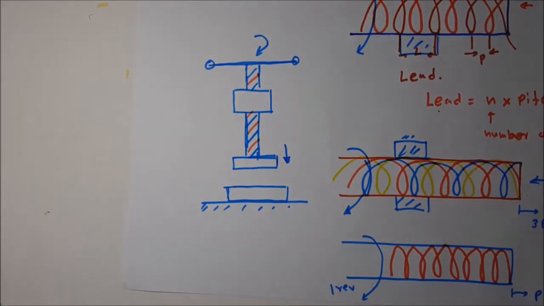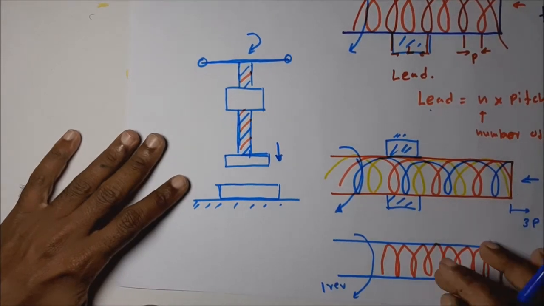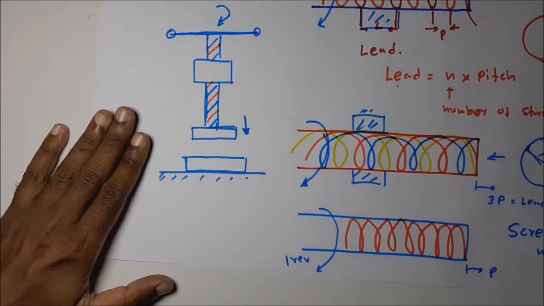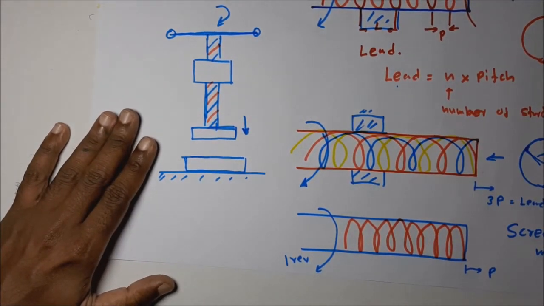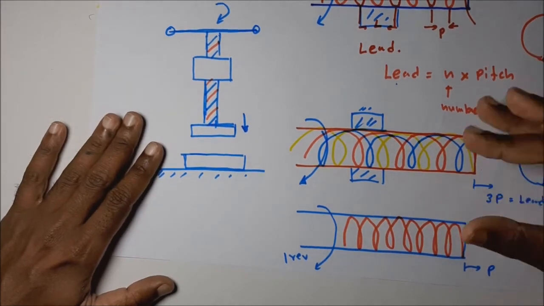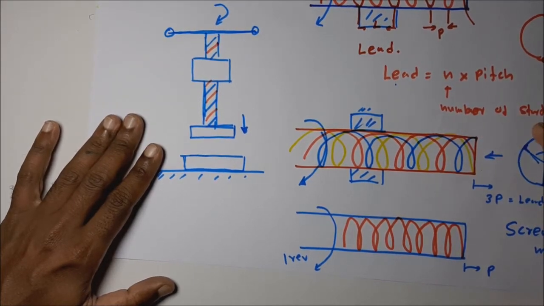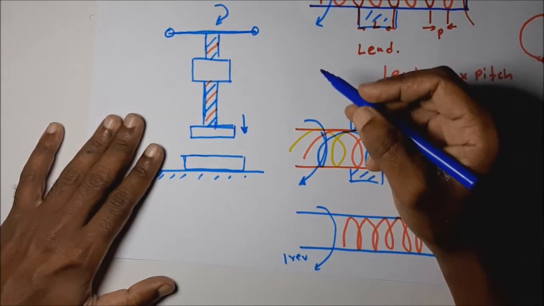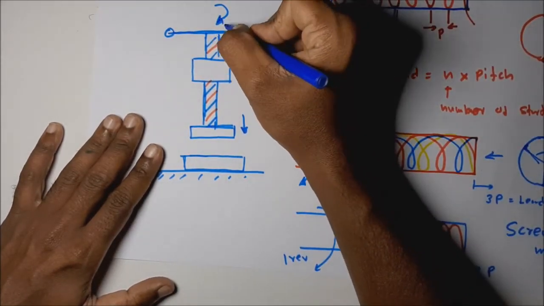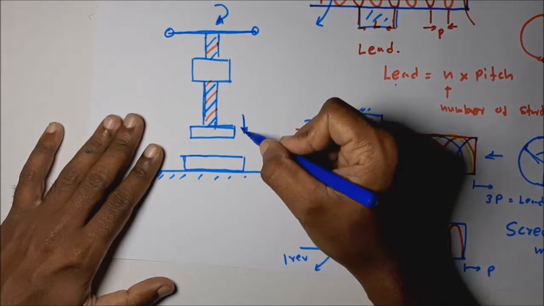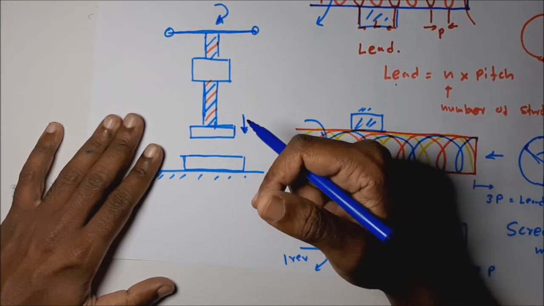Then it can take the same load as the single star thread, because it has multiple thread profiles. The strength of the thread is the same as the single star thread, but the advantage is that with fewer revolutions we can get the higher movement extension.